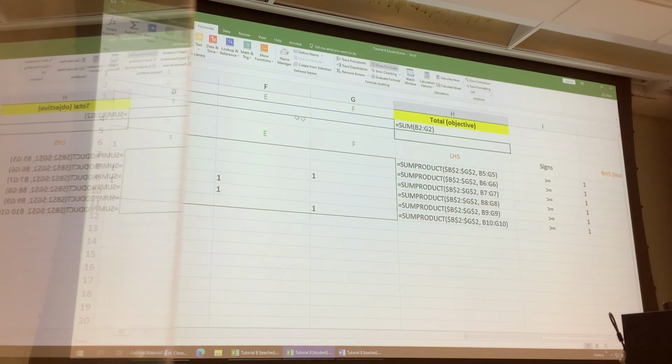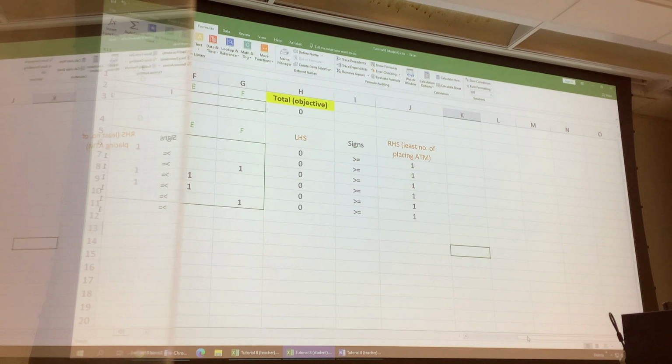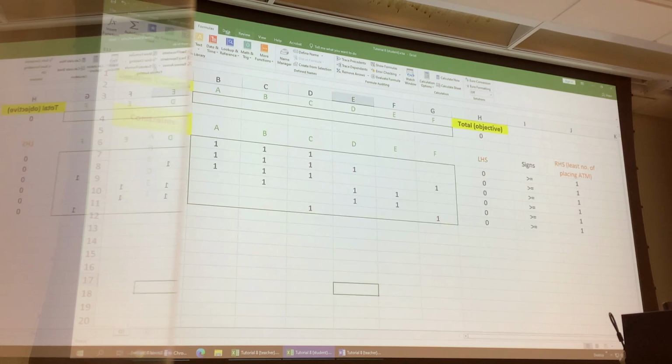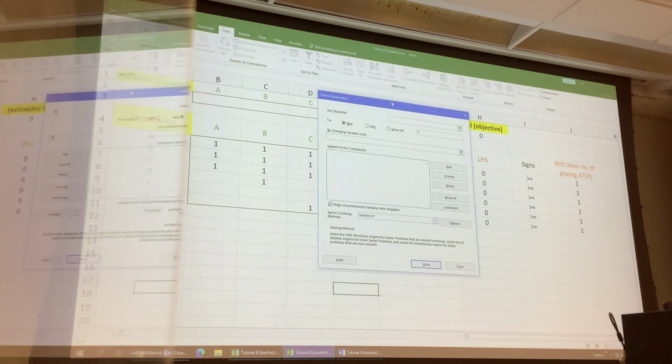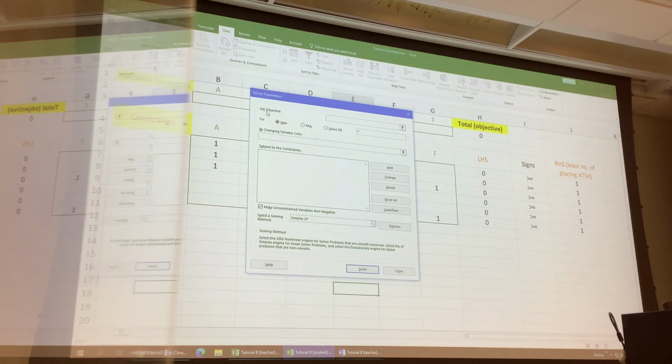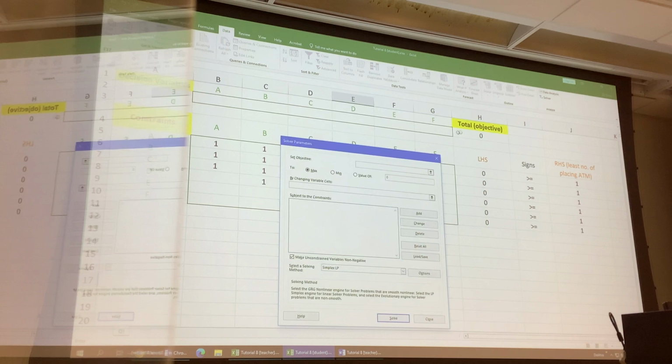So let's go to the solver together. Open the solver, and then we have the set objective, right? Set objective, that is H2. Remember for this one, we have to minimize the numbers of ATMs placed.